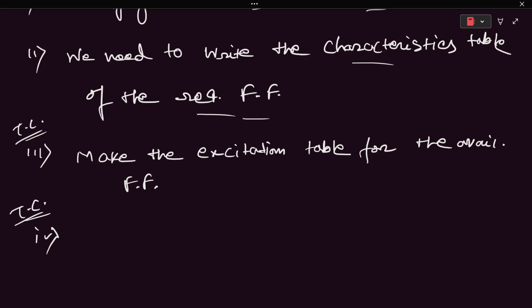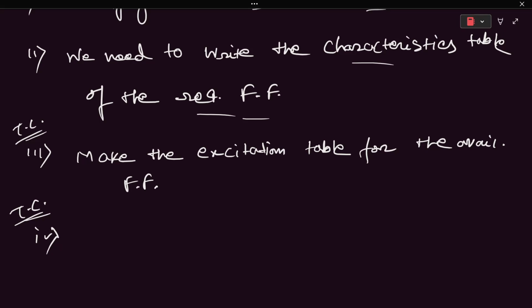In previous sessions on building the characteristics table and the excitation table, we already discussed that through Karnaugh mapping we can easily evaluate the expressions. In the excitation table we identify the expressions for the inputs J and K from the present state and next state, and from the characteristics table we identify the expression for the next state in terms of the inputs and the present state.